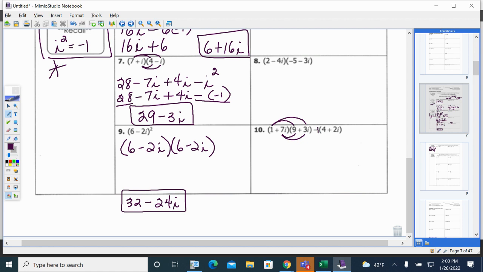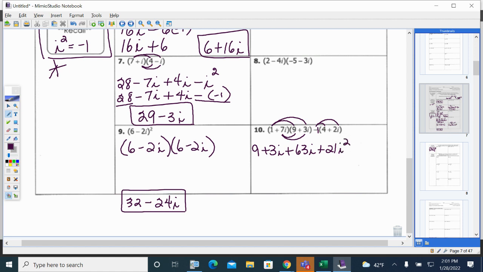And then I'm also going to distribute this negative 1. So baby steps. 1 times 9 is 9. 1 times 3i is a positive 3i. 7i times 9 is a positive 63i. And then a positive 7i times a positive 3i is a positive 21i squared.